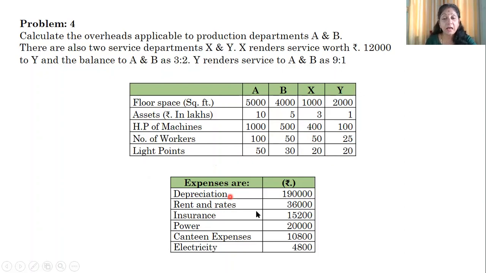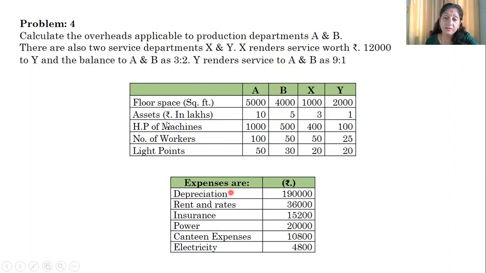Here the expenses are given. Depreciation 1,90,000, rent and rates 36,000, insurance 15,200, power 20,000, canteen expenses 10,800, electricity 4,800. Let us see these expenses. What is the most equitable basis given here?